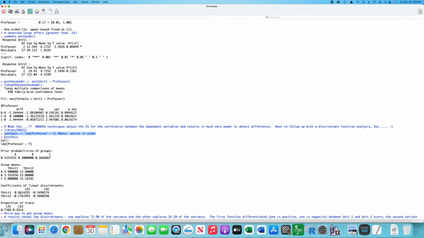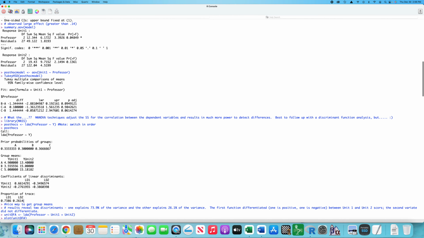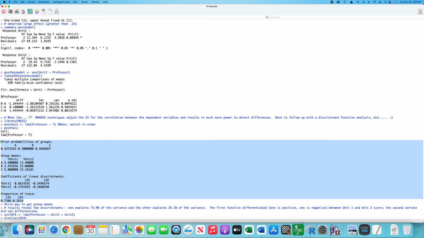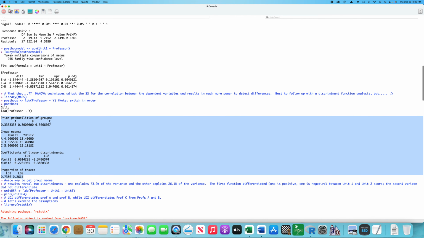Typically, like in the aov command, it's our dependent variable tilde our independent variable. Well, it's reversed here. And when we get our post hocs, we don't get that nice output that we're used to getting where we have p-values that make our decisions really, really easy.